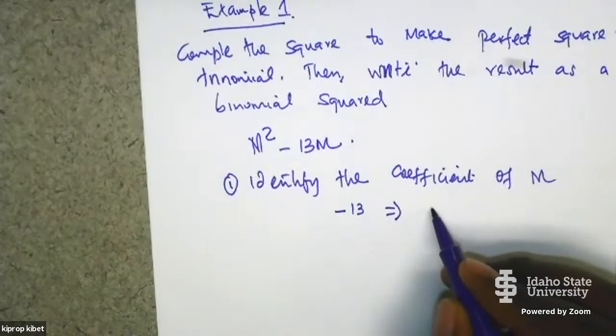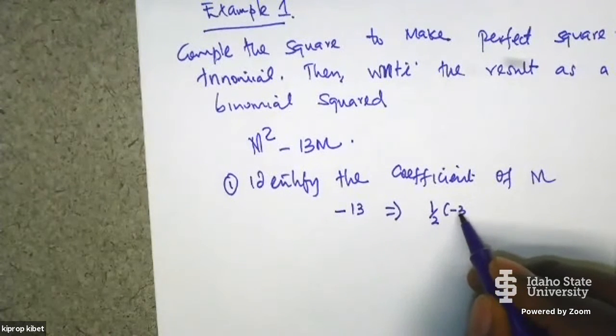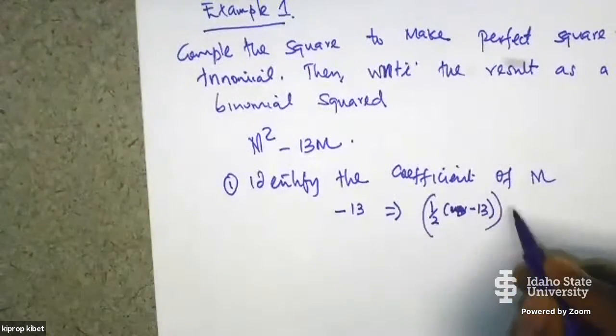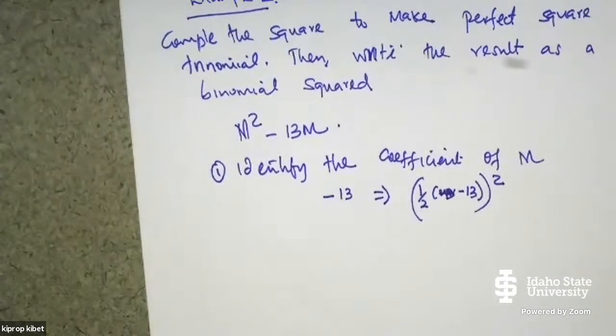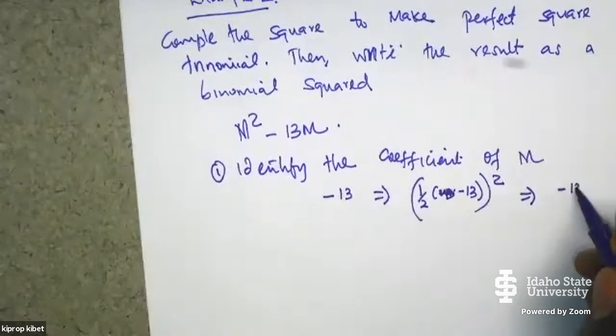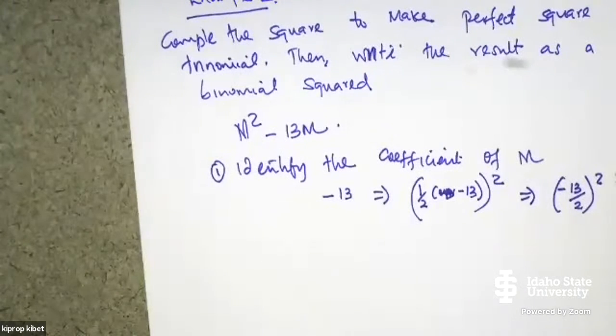Then we square. So this is actually the same as negative 13 all over 2, squared.